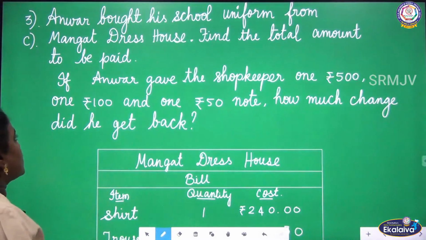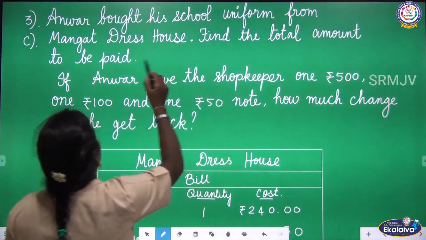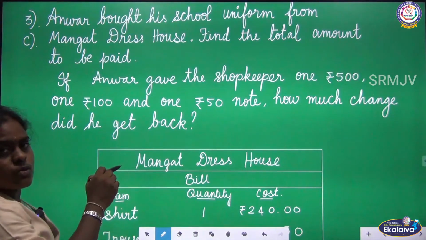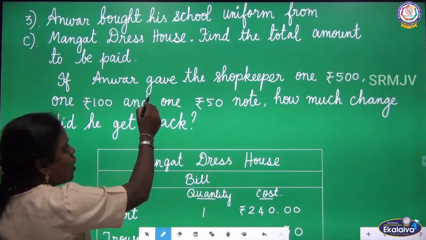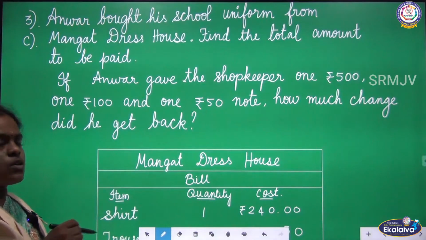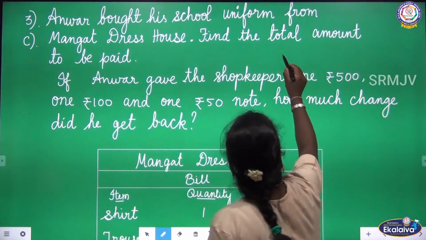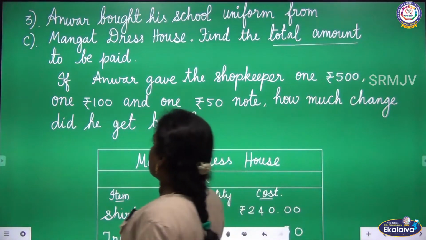Look at the question. Anwar bought his school uniform from Mangat Dress House. The name of the shop is Mangat Dress House. Find the total amount to be paid. So here we want to find out the total amount which he has to pay.